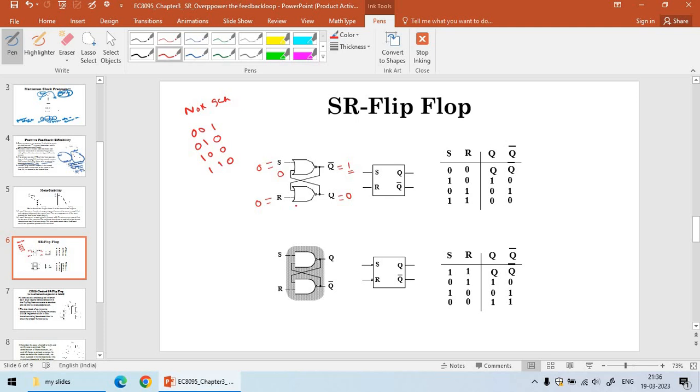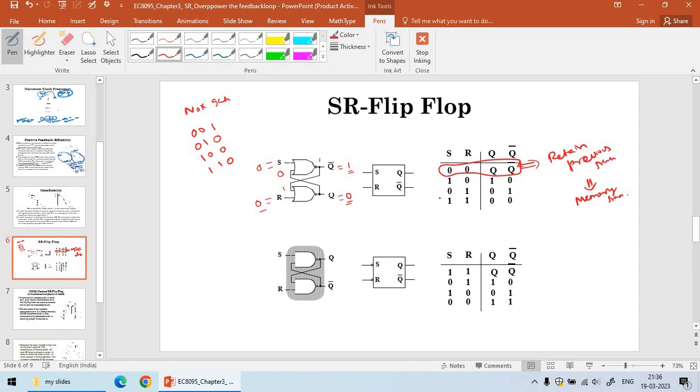When you consider the second NOR gate, one of the inputs is 0 and the other input is going to be 1, so the output is going to be 0. So when you give 0 and 0 to the NOR type SR flip-flop, it is going to retain the previous state, which could be called the memory state.